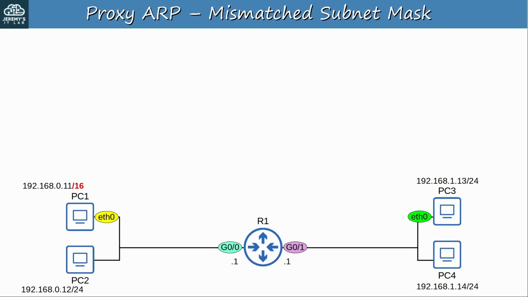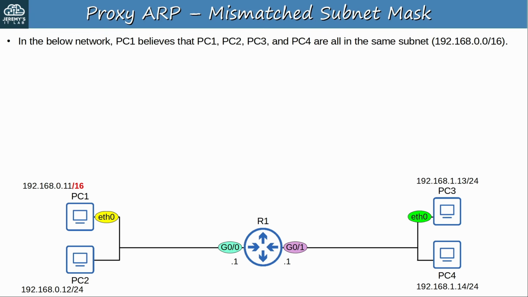Here is the first use case, a mismatched or misconfigured subnet mask. Notice that PC1 has a /16 subnet mask, whereas the other PCs have a /24 subnet mask. So PC1 believes that PC1, PC2, PC3, and PC4 are all in the same subnet, 192.168.0.0/16. What implications does this have for communications in the network?